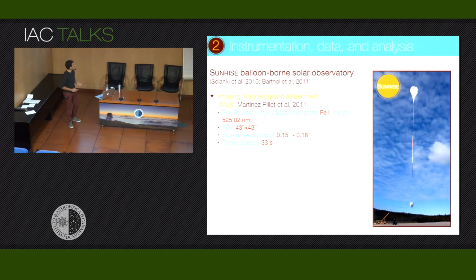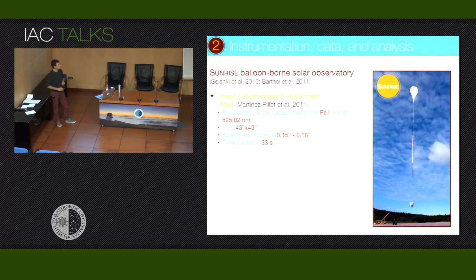In order to study the relation between sinks and magnetic fields, we need high spatial resolution and high polarimetric sensitivity. Such observations have recently been achieved using the IMaX instrument. IMaX is an imaging spectropolarimeter, which flew on board the Sunrise Balloon Solar Observatory.